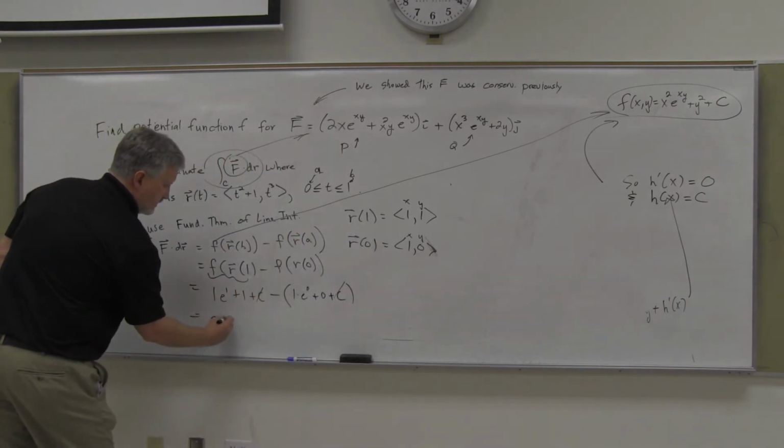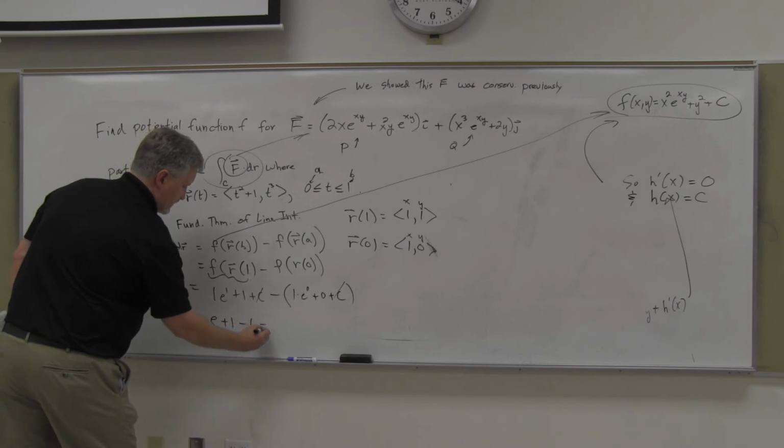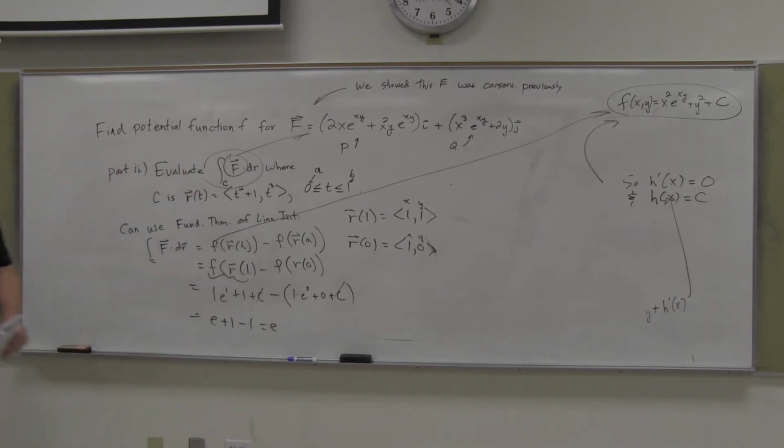So we've got e plus 1 minus 1. Oh, how about that? We end up with e.